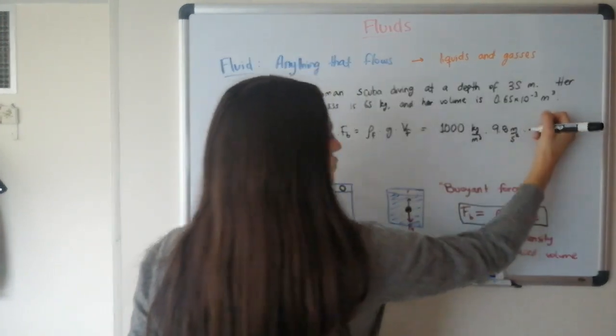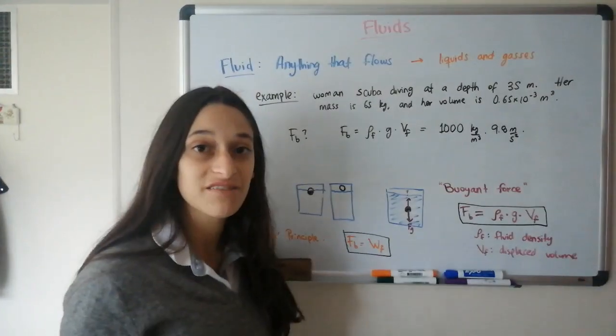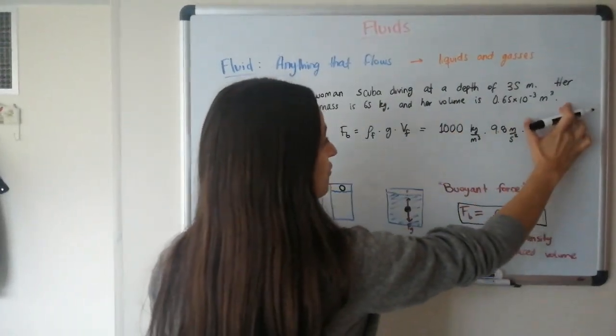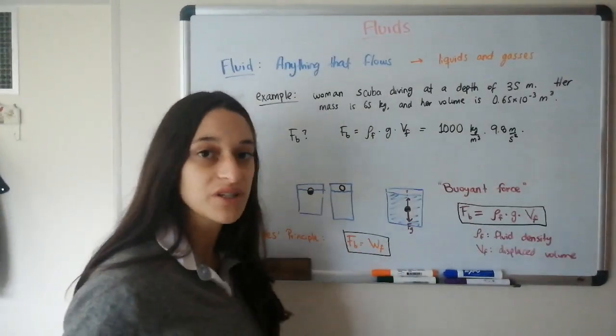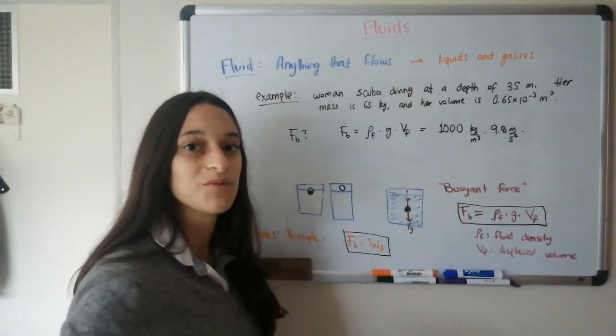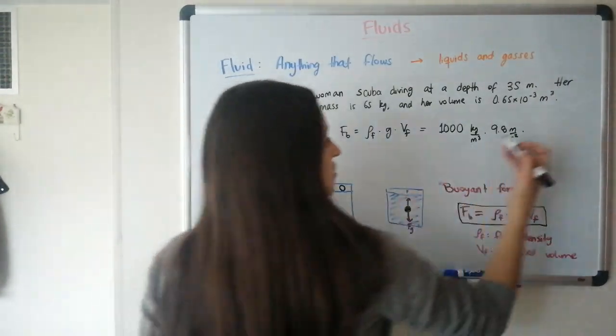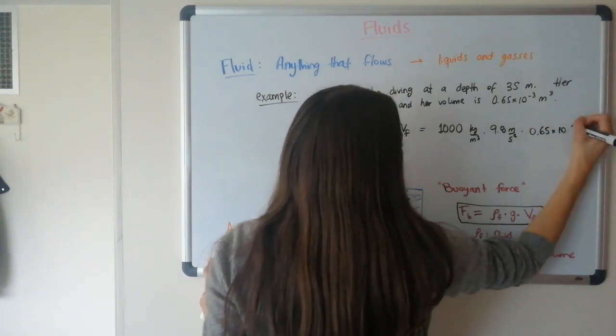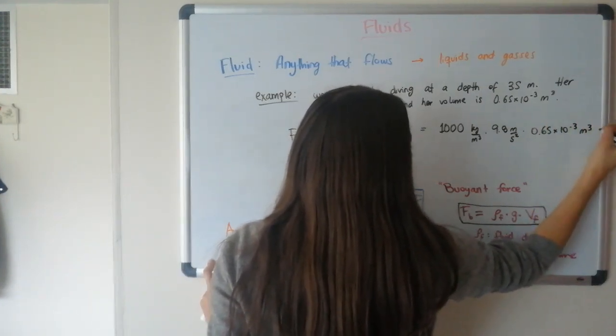And the volume of water displaced, since she's scuba diving, she's completely underneath the water. So we're going to take her entire volume. If she was floating, we wouldn't take her entire volume, only the volume that was underneath the water. So the volume is 0.65 times 10 to the negative 3 cubic meters.